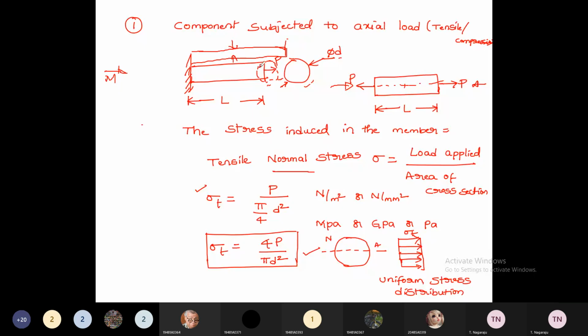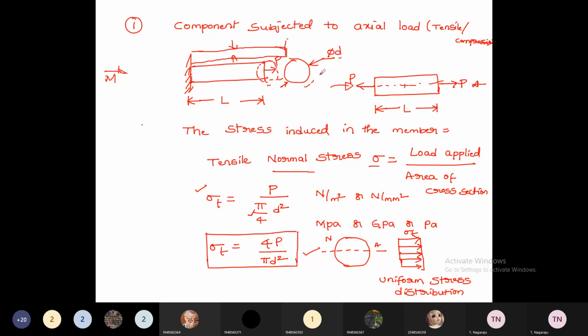The normal stress induced on this cross section is the load divided by its cross-sectional area. The cross section is circular, so the area is pi by 4 d square, and the load applied is P. So the stress induced normal to the cross section is sigma.